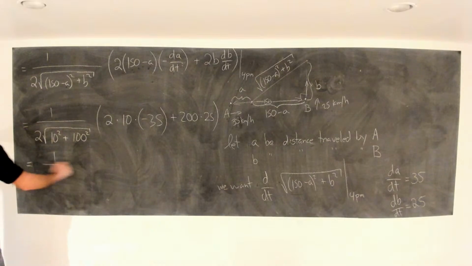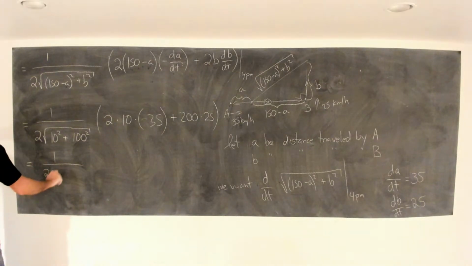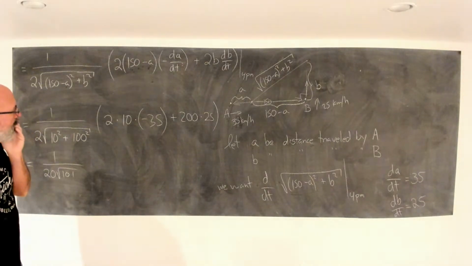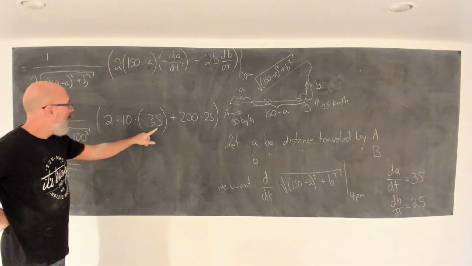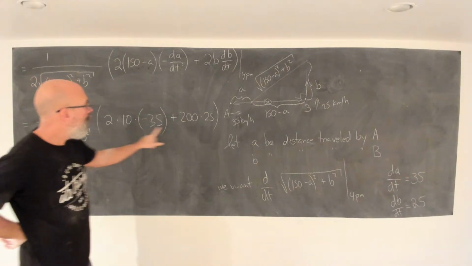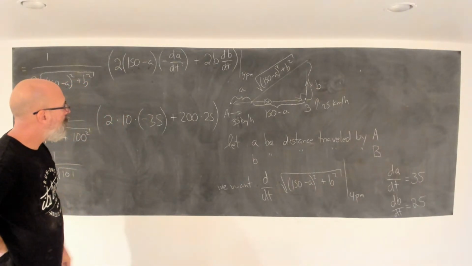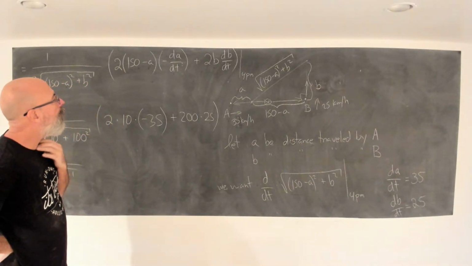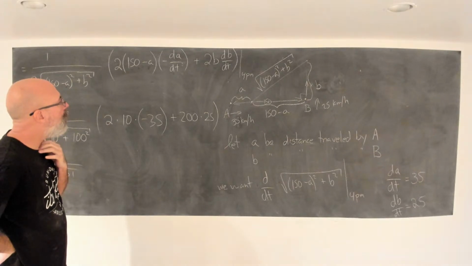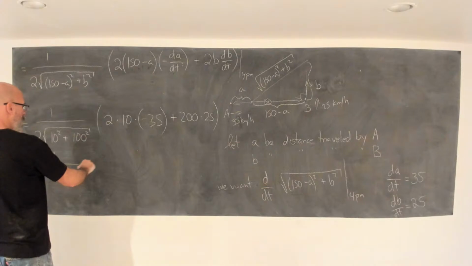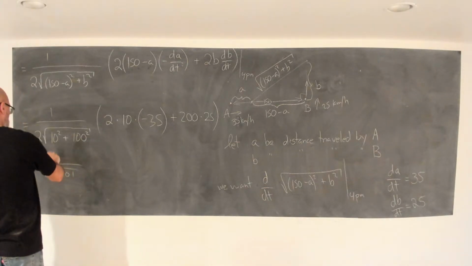What is that? That's 1 over 20 square root of 101. Then 700. 5,000 minus 700, so 4,300.